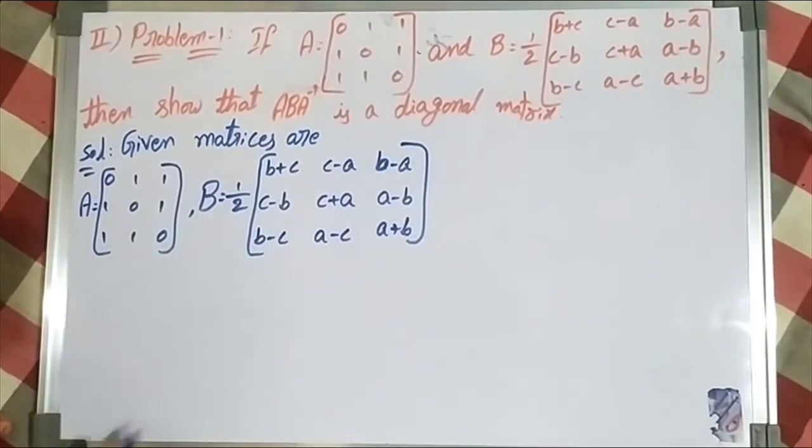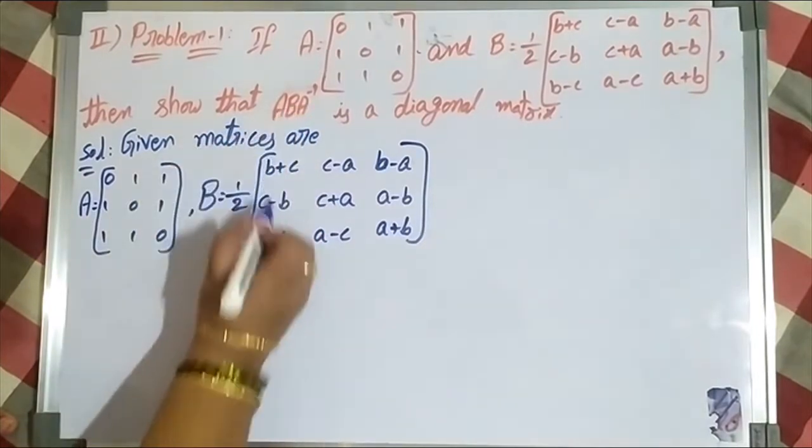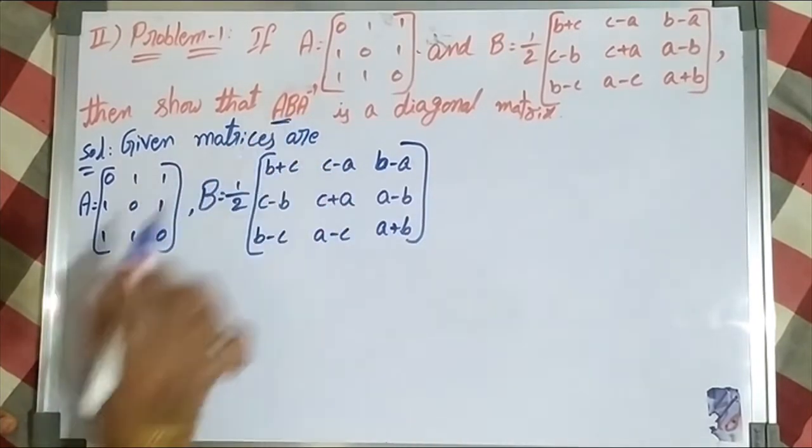Then in this AB, A inverse, first we have to find AB.